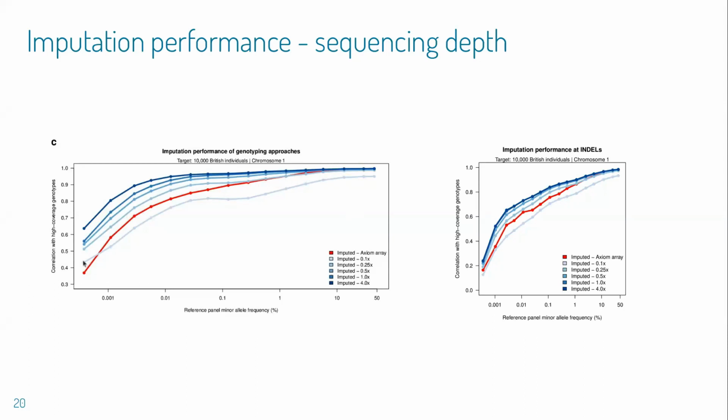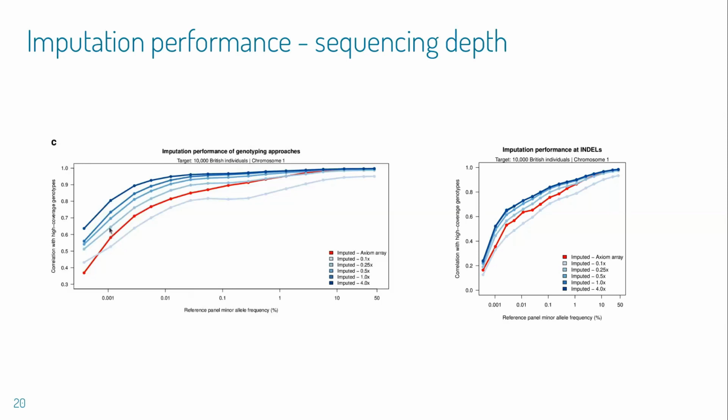And interestingly, we can go to a coverage as low as 0.1x, which is literally no data, and achieve an imputation accuracy of 0.9 R squared at common variants and 0.8 at somewhat rare variants. Therefore, even 0.1x can bring very interesting results in the case of genome-wide association studies.